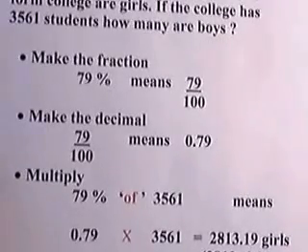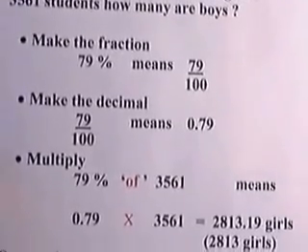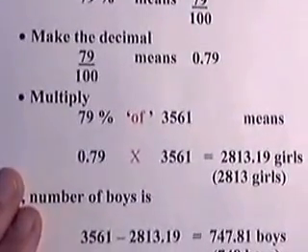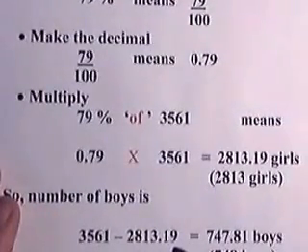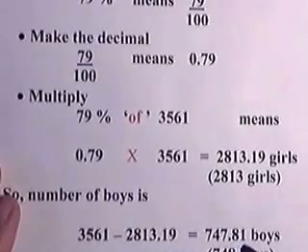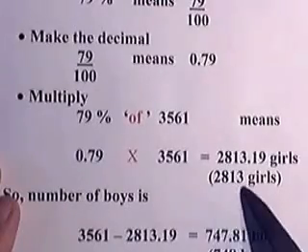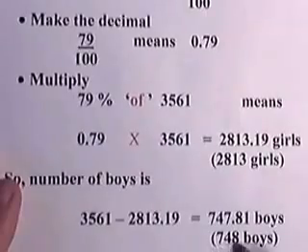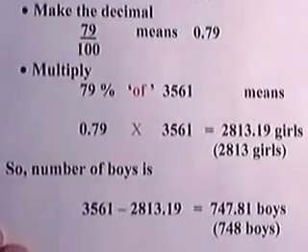So you round that to the nearest whole number and you'll get 2,813 girls. Well, if that's how many girls there are, to find how many boys, you must take that away. I've used the decimal form to get a decimal form for the boys, and then I've rounded it up to the nearest whole boy. So we've got that many whole girls and that many whole boys.